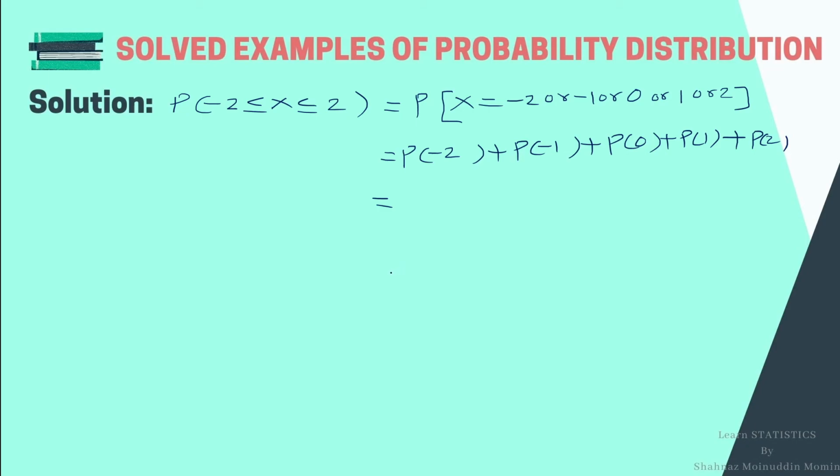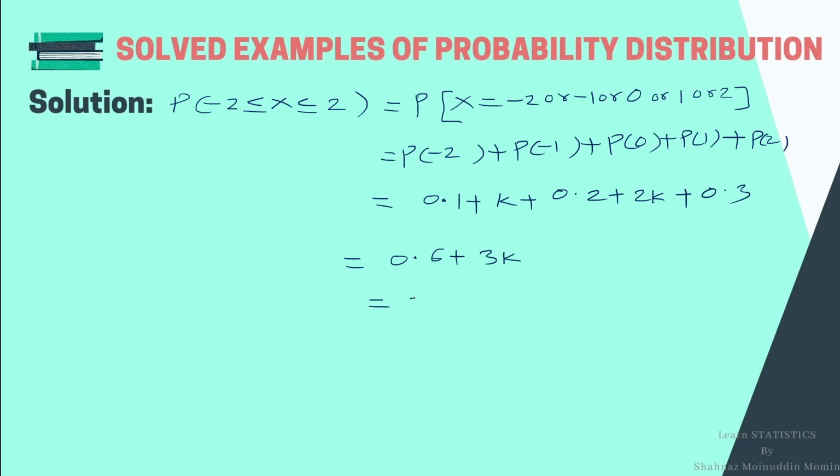We get 0.1 plus k plus 0.2 plus 2k plus 0.3. So it is 0.6 plus 3k.